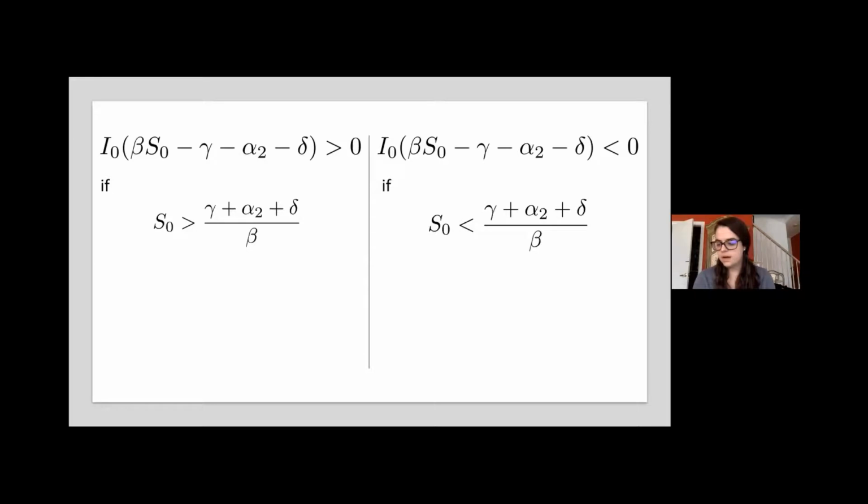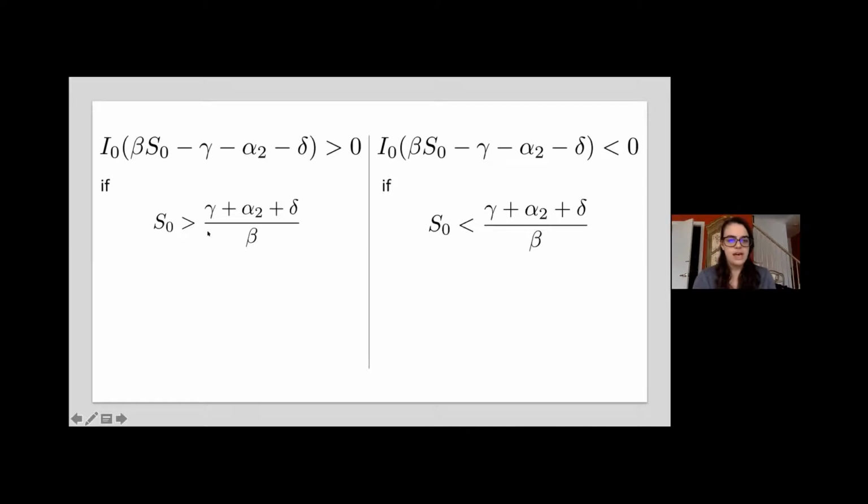If S sub naught is less than this fraction, so this piece over here, what's going to happen is that the rate of change of the infecteds is going to be less than or equal to 0. It will make this piece be negative, and that's going to cause the population to die out.